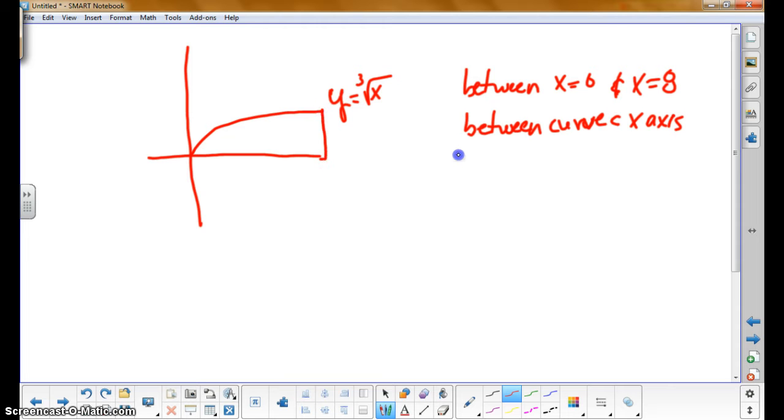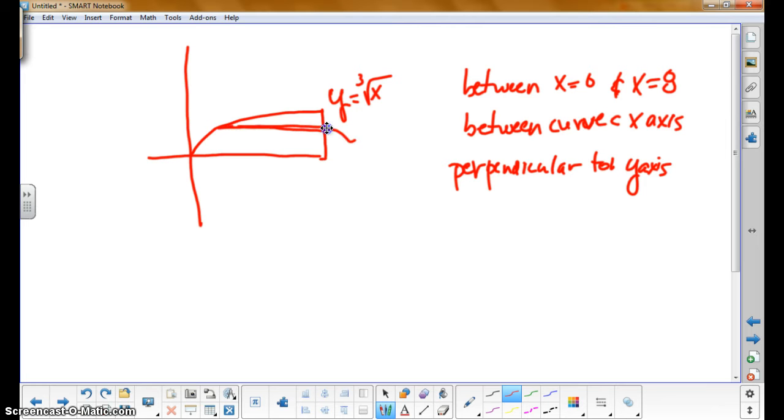Instead of taking slices that are perpendicular to the x-axis, we're going to take slices that are perpendicular to the y-axis. And those slices are going to look like this.